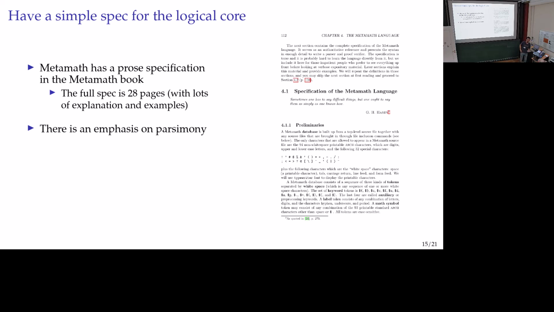There's an emphasis on parsimony. This is really a minimalist language, in case you hadn't noticed. It is a language designed to be very simple for computers to parse. It's not optimized for humans, not really. It's good enough for humans, but it's really optimized for verifiers.